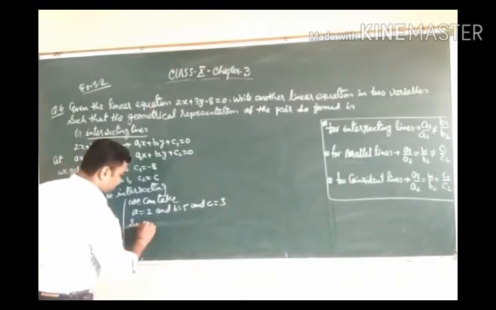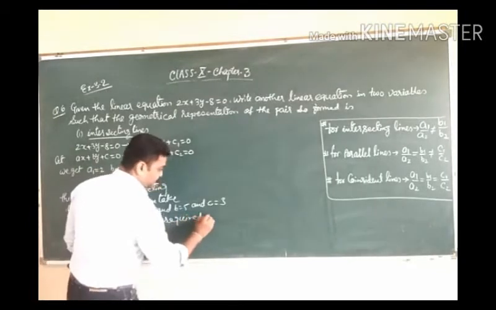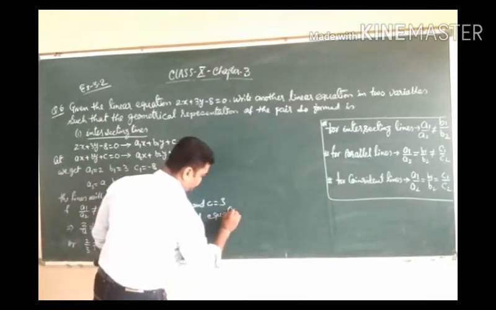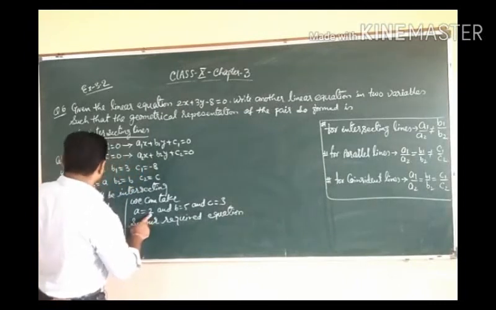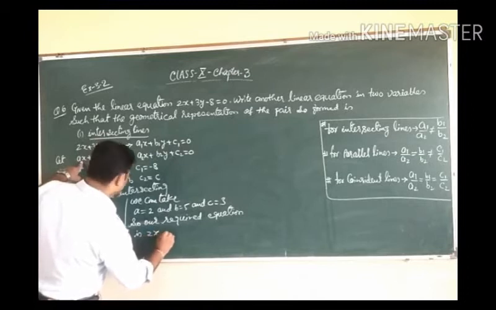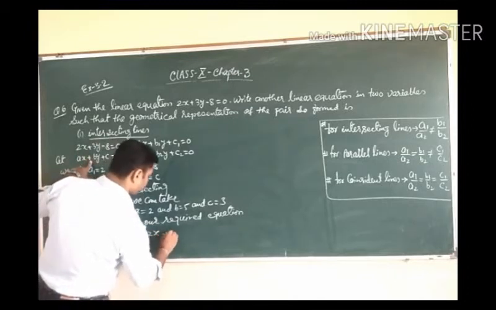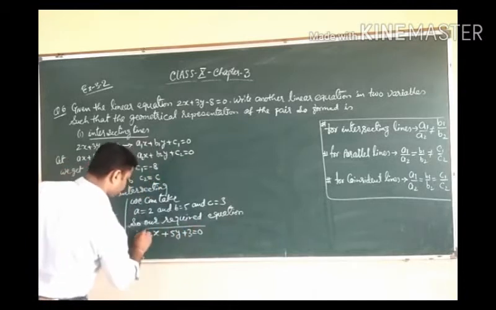So our required equation is 2x plus 5y plus 3 is equal to 0.